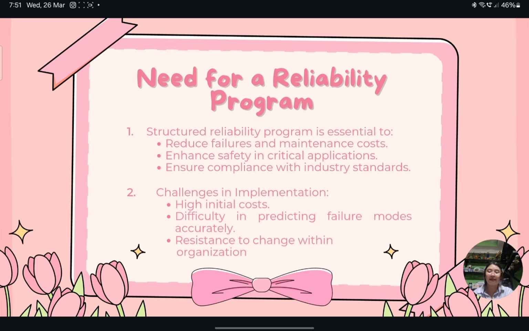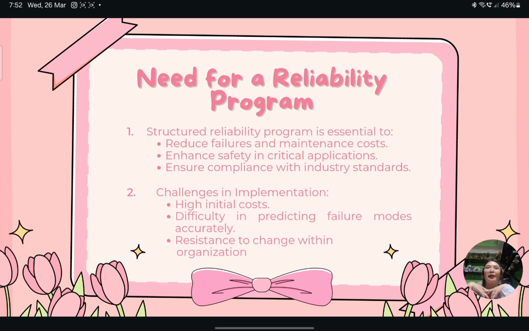So, the need for a reliability program. A structured reliability program is essential since it reduces failures and maintenance cost. As we all know, failure can cost us a lot of money, especially in the aviation industry, since every part of the aircraft is very expensive, right? It also enhances safety in critical applications.